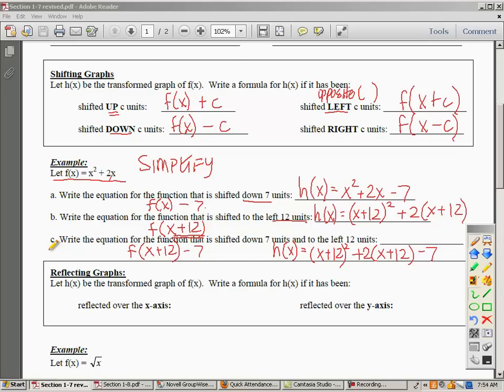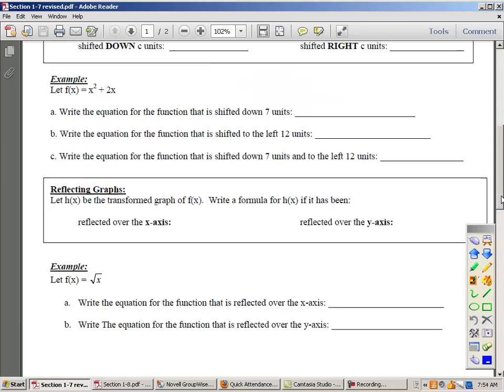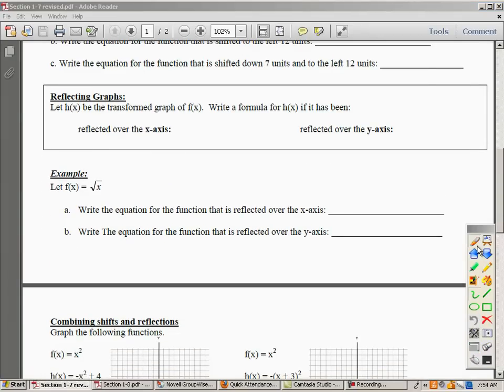I'm going to go to the next type, which is reflecting. If we want to reflect over the x-axis, then I'm going to call a new function h. If I reflect over the x-axis, let's say a point is up here, a point that's (x, y).